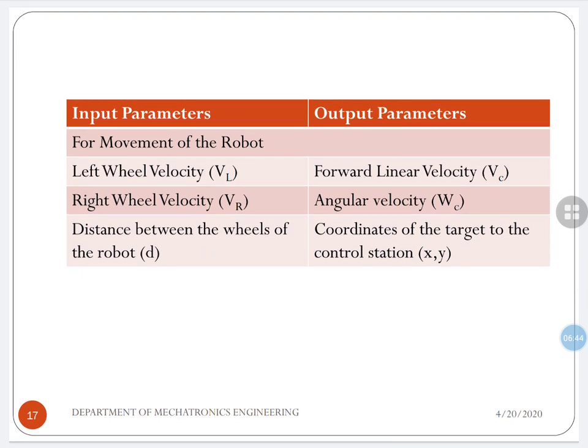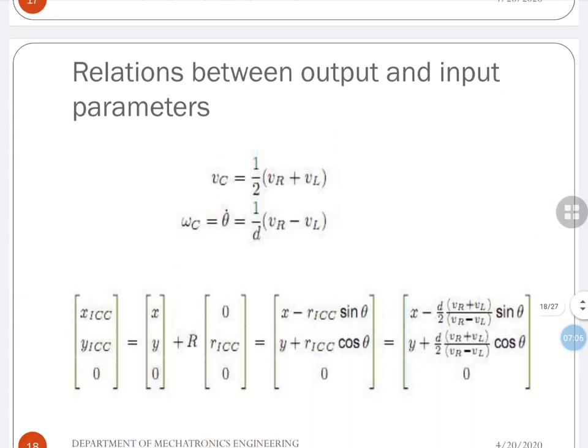These are the basic input parameters which we consider: the left wheel velocity, right wheel velocity, and the distance between the wheels of the robot. Then the output parameters are the forward linear velocity, the angular velocity omega c, and the coordinates of the target to the control station, x comma y.